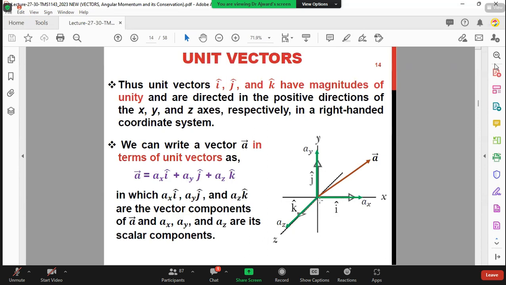Ax, Ay, Az are the scalar magnitudes along each axis, and you just multiply them by i hat, j hat, k hat, and you get the vector A. So if there is a vector A, you can resolve it into three components and represent it using the unit vector notation.